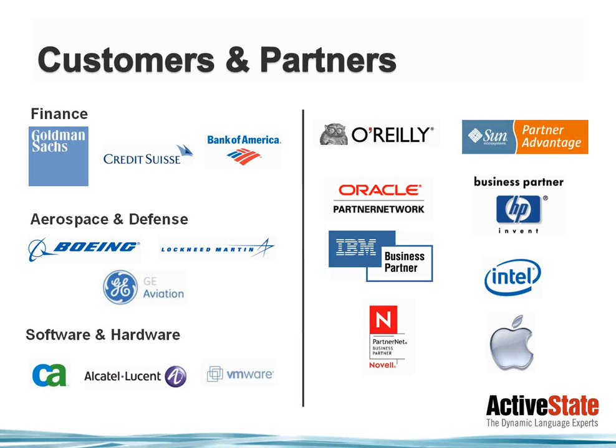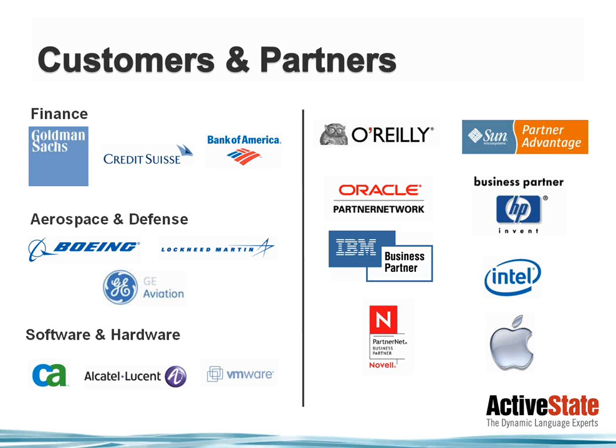As well, we have a number of partnerships through the companies on the right-hand side. Obviously, Sun now is part of Oracle, but we wanted to show the separation of Sun and Oracle because Sun has been around for such a long time, and we've been a partner with Sun for many years.